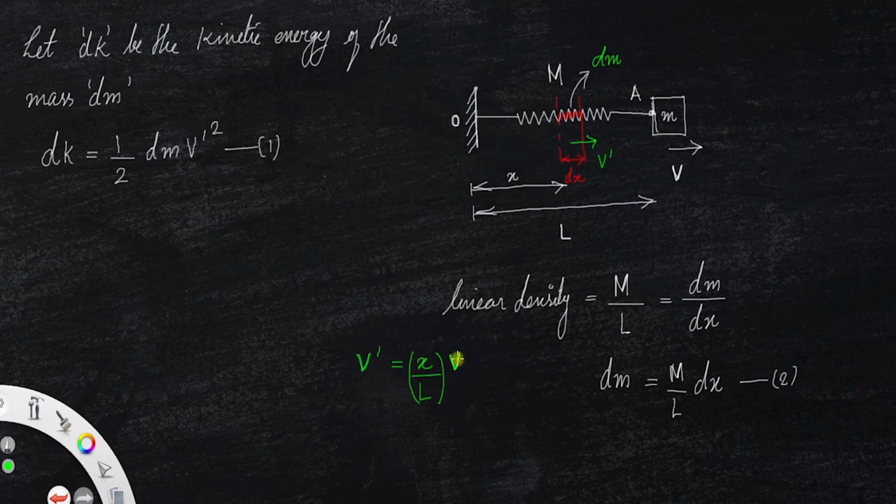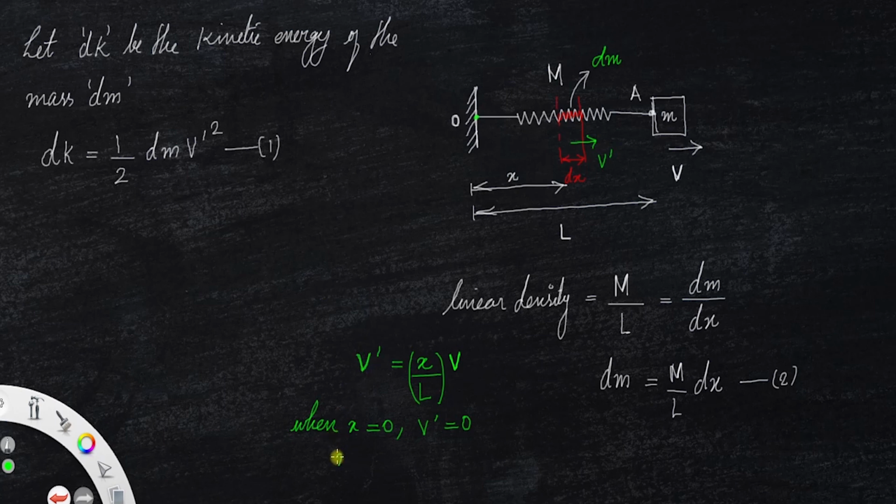You can verify this: when x is equal to 0, v dash is equal to 0. That is, at the point O, x equal to 0, there is no velocity for the fixed end, that is at the left end.